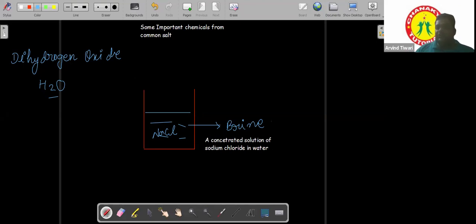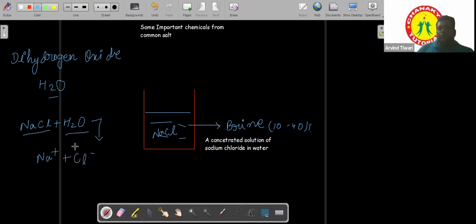Concentrated solution means it is 10 to 40% in water. Now, sodium chloride in water will give us some ions. Sodium chloride will break into ions as Na plus and Cl minus. H2O will also break to give you H plus and OH minus ions.